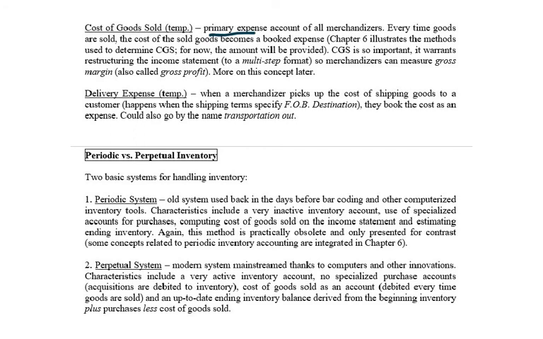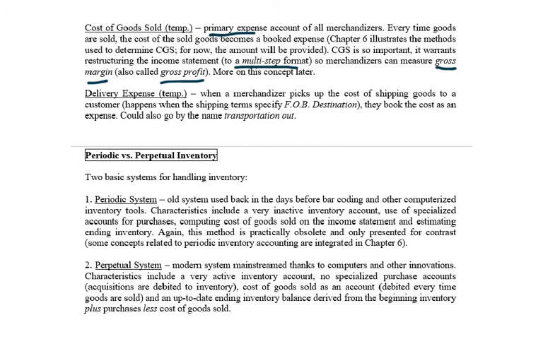It's going to go from the single step format, which is just revenue minus expense, to what we call a multi-step format. So you see that later on in another video. And this is so we can do what? So we can measure something called gross margin, which is also called gross profit. Now, I refer to both because depending on which book you're dealing with or which era of accounting you're dealing with, they tend to fall in and out of practice.